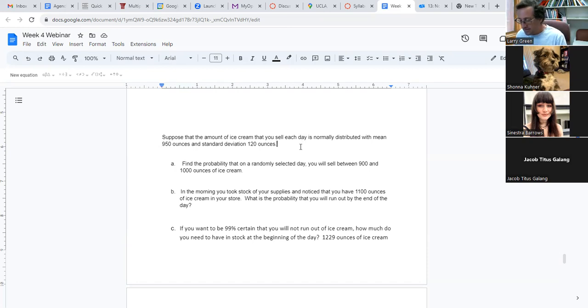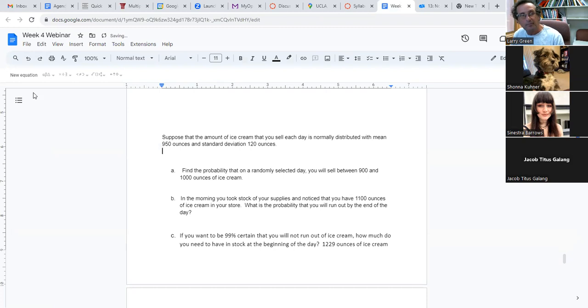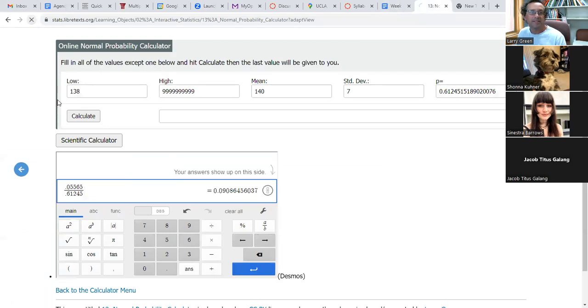One thing I always like to do is write X, tilde, N, 950, comma, 120. That's how you write the distribution. And you are required to know how to write the distribution. That's how you write it in symbols. So we want to find the probability of selling between 900 and 1,000.